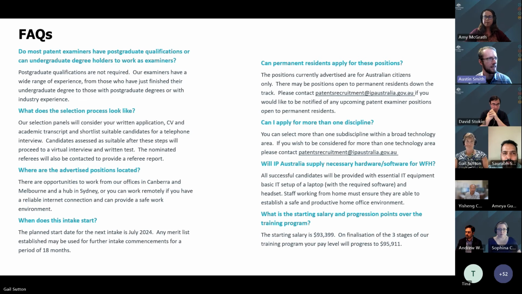So the Training Academy is a designated section of the organization that will help to facilitate and guide new patent trainees through a 3-stage competency-based program to upskill and learn how to examine patents. The program is broken up into 3 stages.